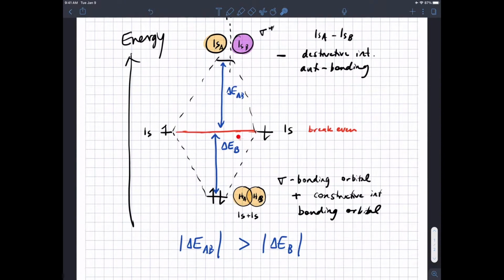That is, suppose this were 4 arbitrary stability units. You put one electron down here, you gain 4 stability units. You put a second, you gain another 4. So overall, you're 8 stability units more stable than you were when you started. And this is why bonds form, because it allows electrons to move lower in energy.